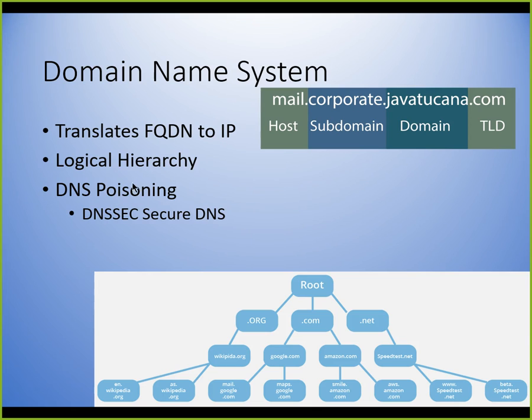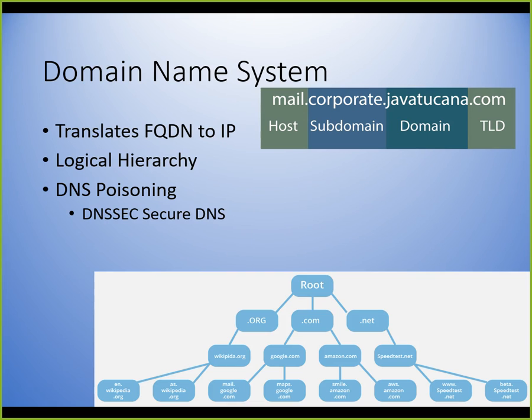So DNS translates an FQDN, a fully qualified domain name, to an IP address. IP addresses are the things that we need in order to get there. DNS poisoning: if I can poison DNS, then I can send somebody to the wrong location.